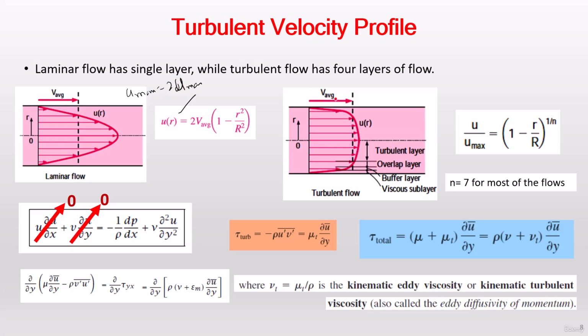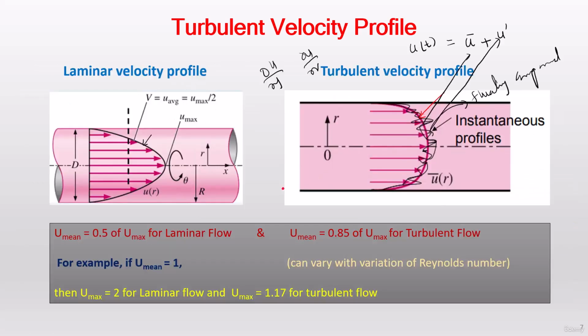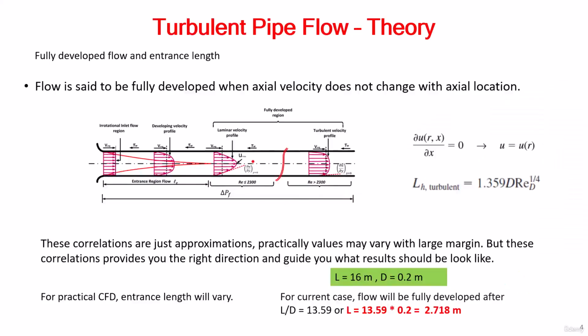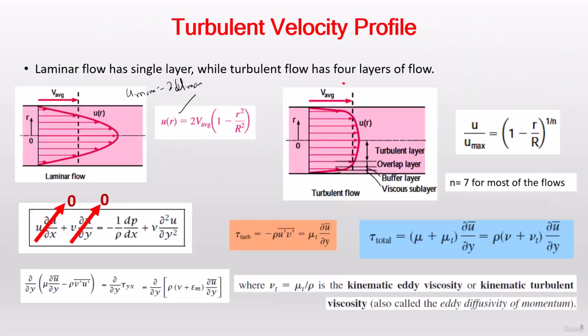But turbulent flow is different, it is on the lower side, but it has a steep gradient on the wall side that I discussed earlier also. It has a steep gradient on the wall, like here, but inside, in the core region, that is becoming almost straight.